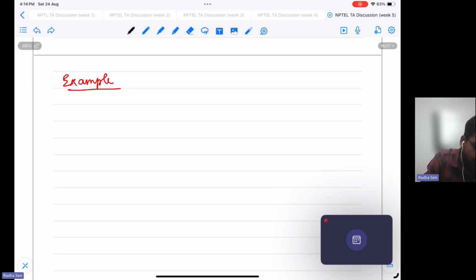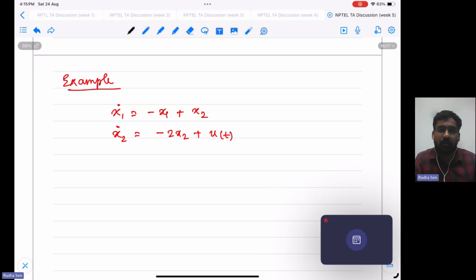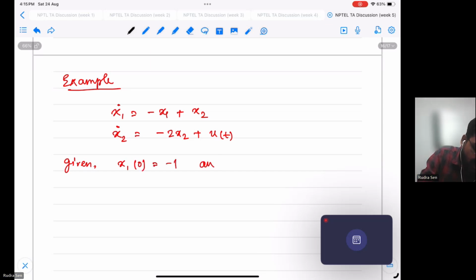So you are given a system. The system is x1 dot equals minus x1 plus x2, and x2 dot equals minus 2x2 plus u(t). The initial condition is given as x1(0) is -1 and x2(0) is 0.